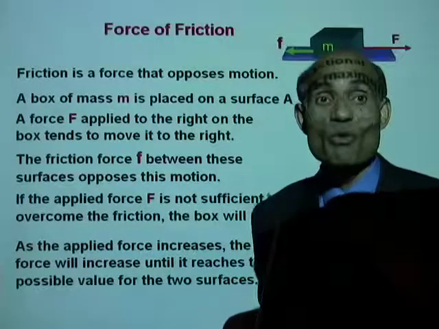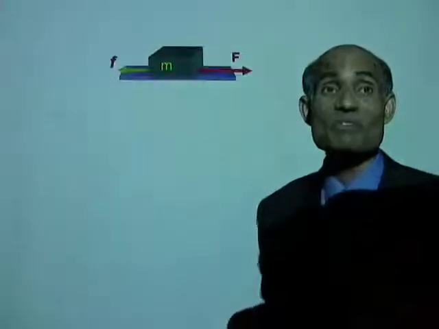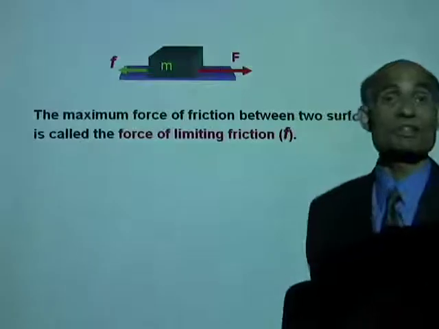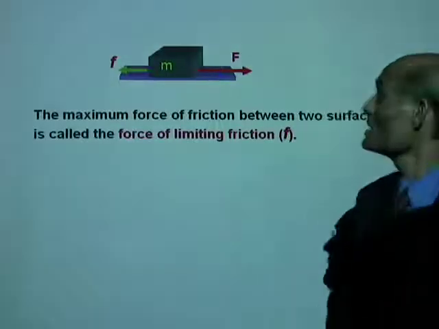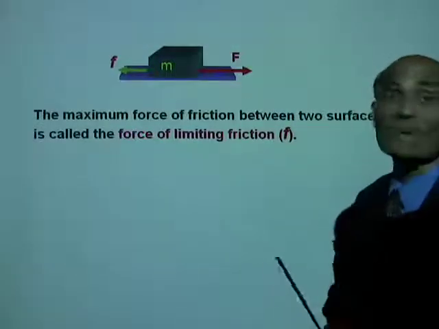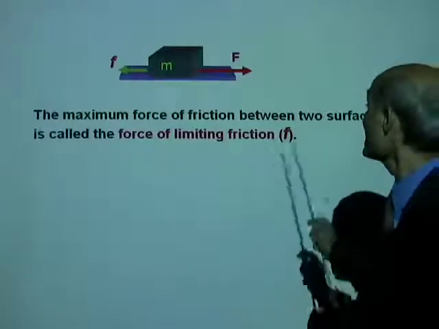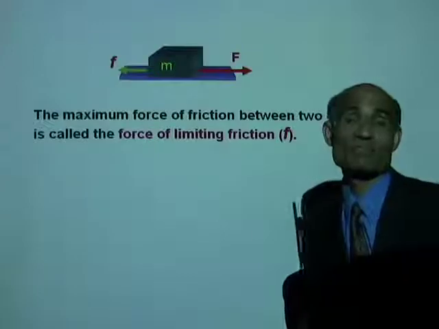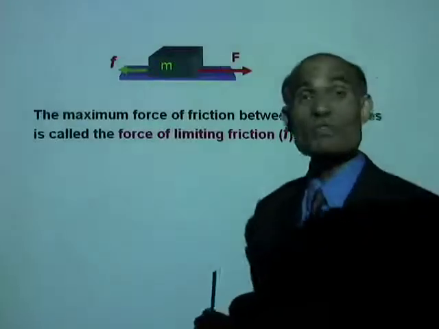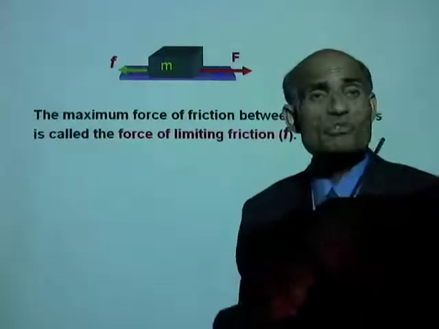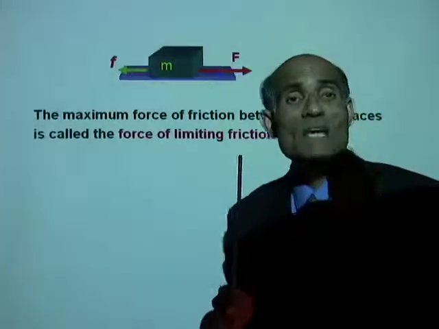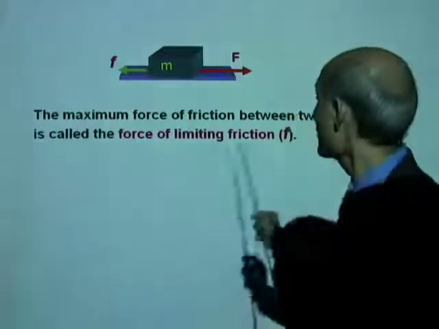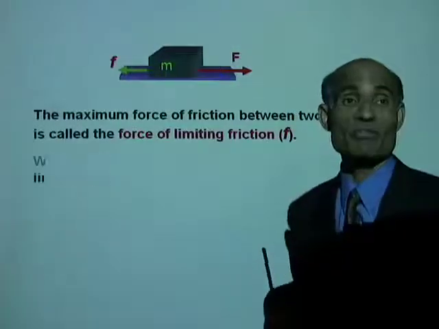It is called the force of limiting friction, and we will represent that with the lowercase f. So whenever we talk of friction between two surfaces, we actually mean the force of limiting friction, and that will be our lowercase f.